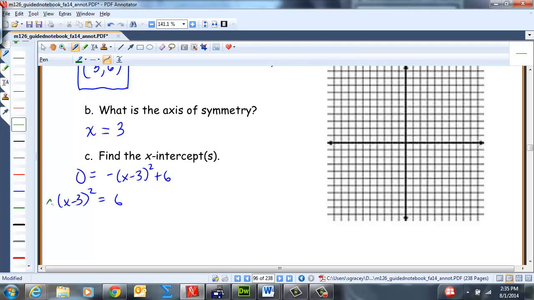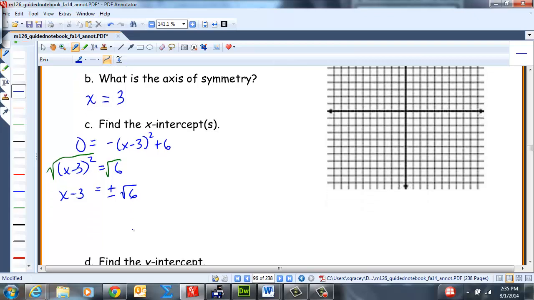And then if you use the square root property, you get that x minus 3 is equal to plus or minus the square root of 6. So you get two results. Adding 3, we get x is 3 minus root 6, or x is 3 plus root 6.